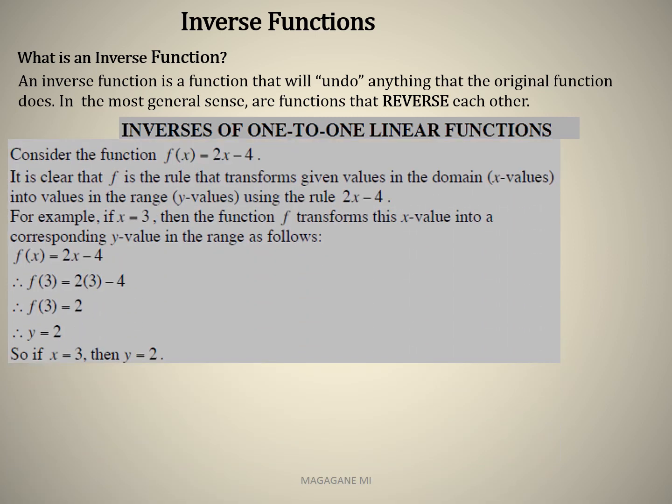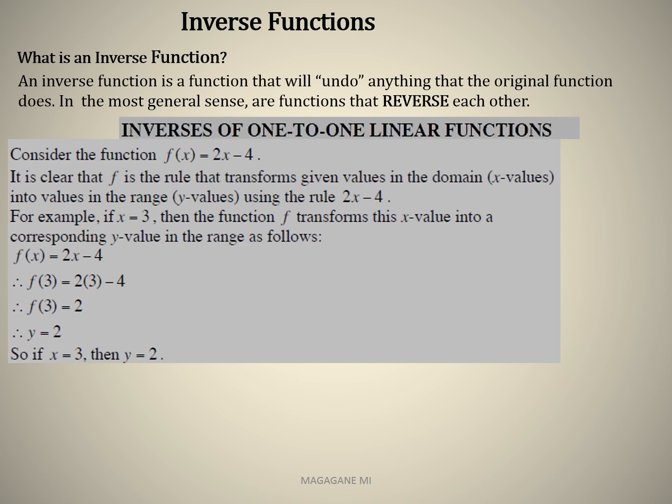Consider the function f of x equals 2x minus 4. It is clear that f is the rule that transforms given values in the domain, x values, into values in the range using the rule 2x minus 4.